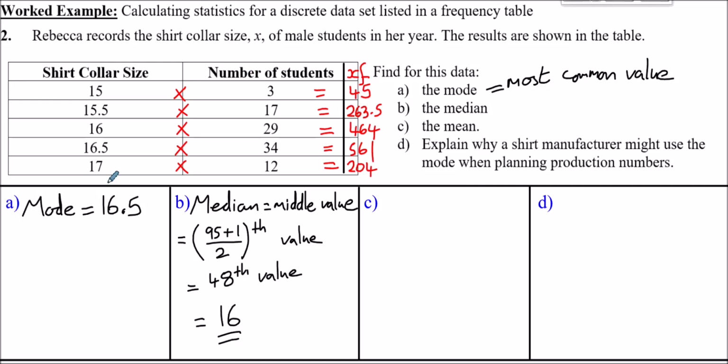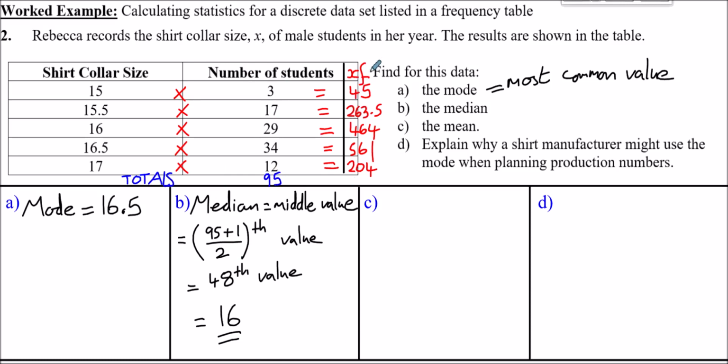What we're going to do now is total up the frequencies and the xf, which is the same as fx. If you add all of these up, we did this for part B, we have 95 values. So the total number of values is 95.